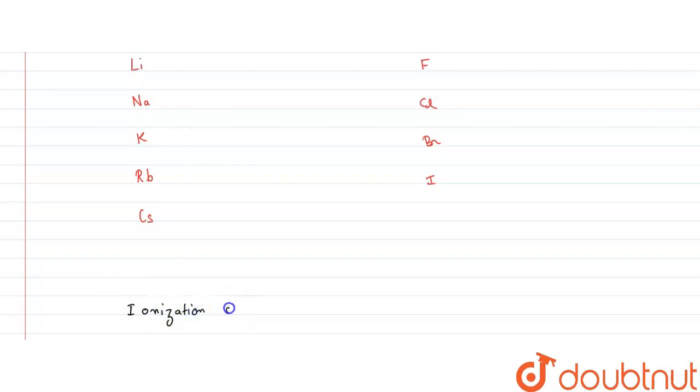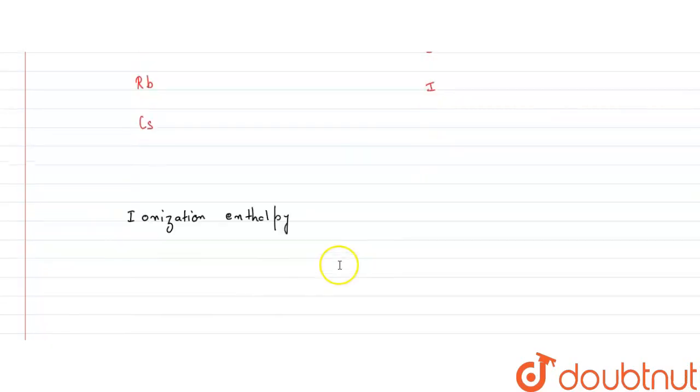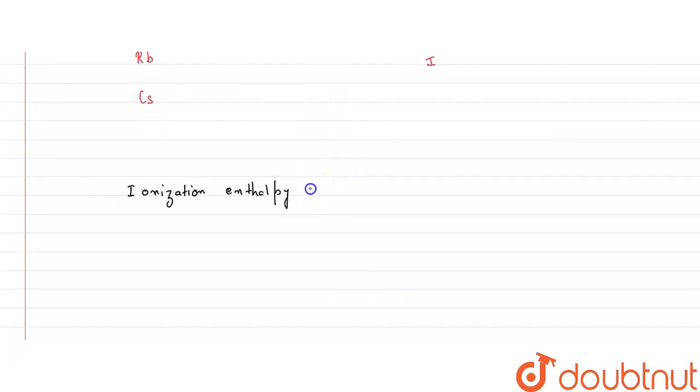So ionization enthalpy is basically the energy required to remove an electron from an isolated gaseous atom.